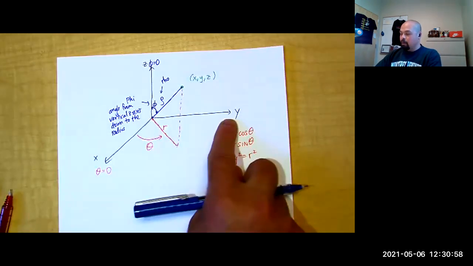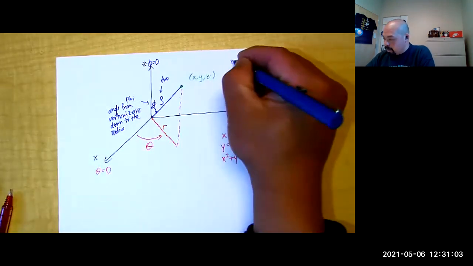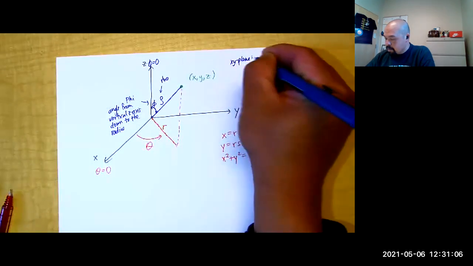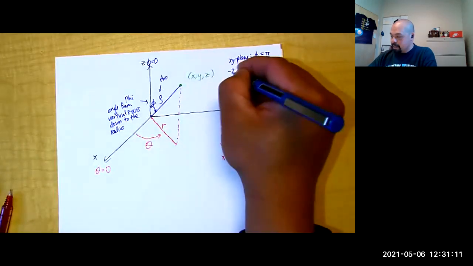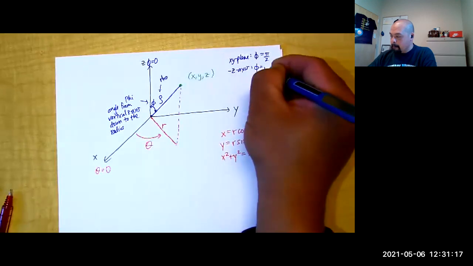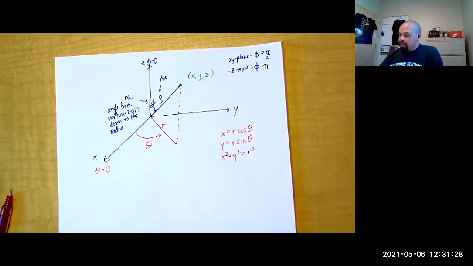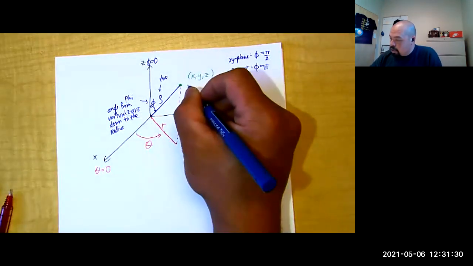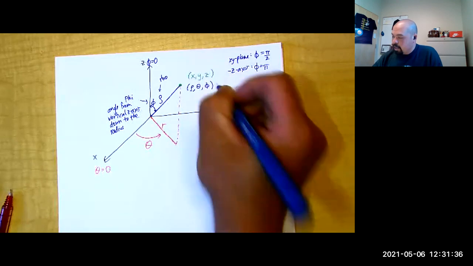At the xy plane, phi would be equal to pi over 2. Negative z-axis, phi is pi. So you can see how far down we're going to arc. So we can start to measure this location, that point, in terms of rho, theta, phi.